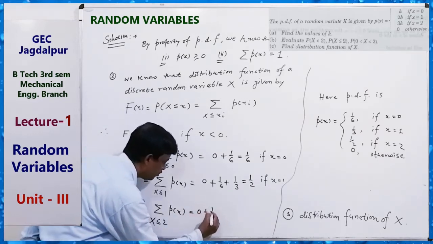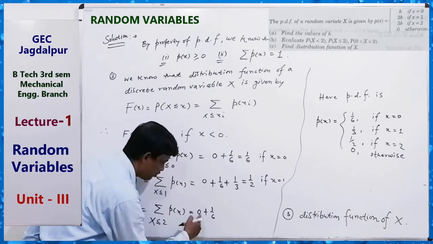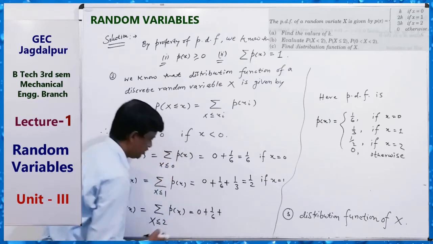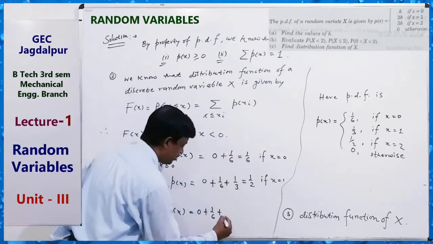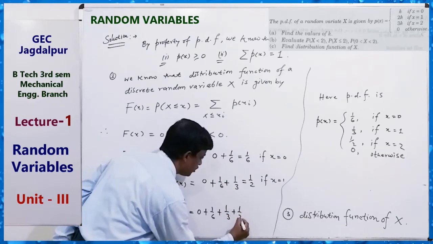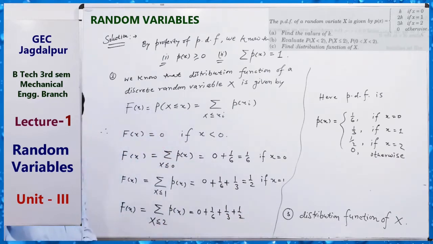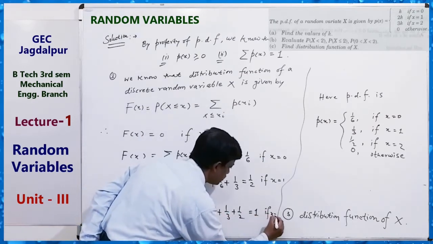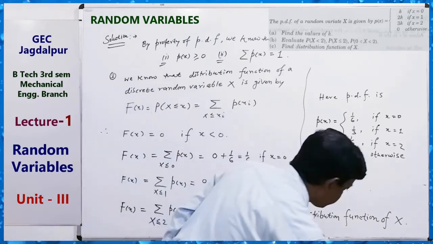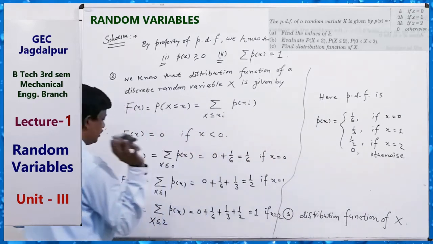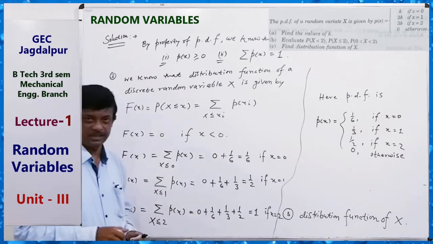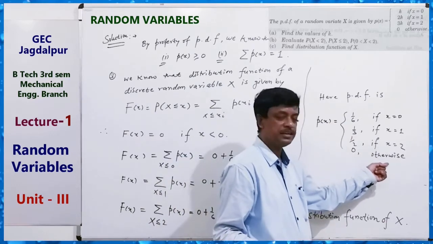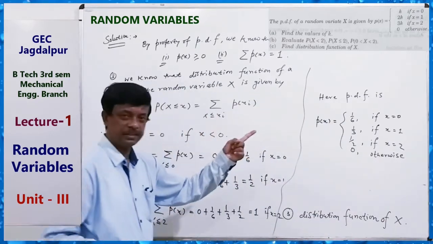For less than 0, for 0, for 1, 1/3, for 2, this equals what? 1, if x equals 2. Okay. And one part is this otherwise part. Otherwise part means what? X is greater than 2.